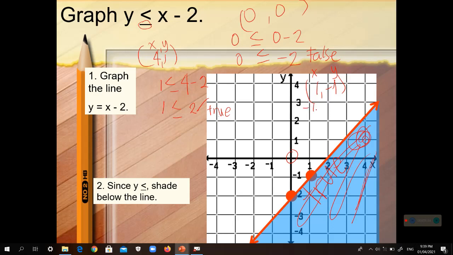So, we have negative 1 is less than or equal to 1 minus 2. Negative 1 is less than or equal to 1 minus 2, which is negative 1. Okay, so negative 1 is less than or equal to negative 1, which is still a part of our solution. Because our linear inequalities are different from our linear equation.